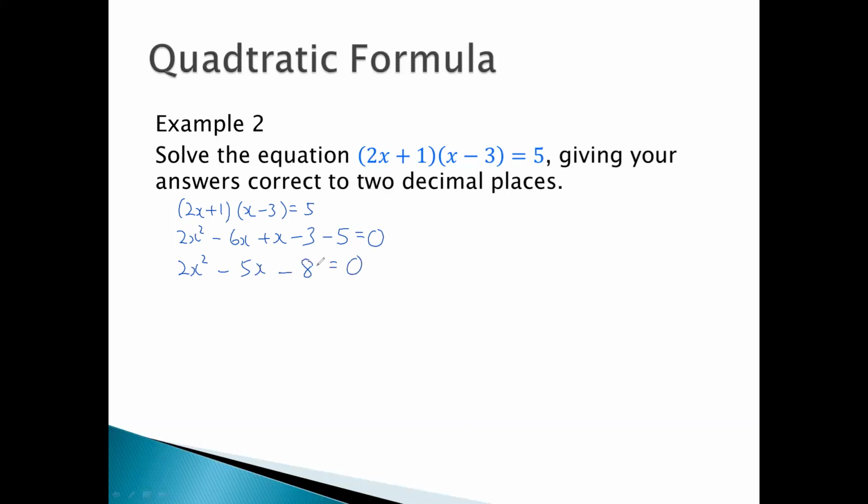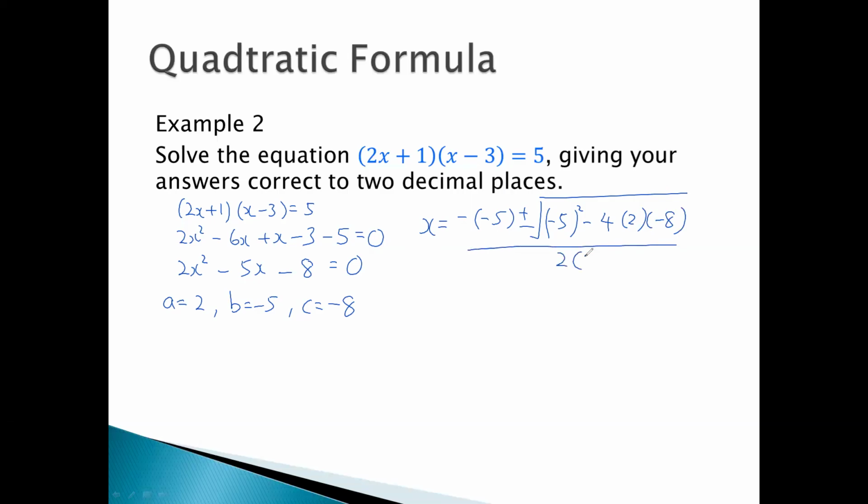Now I have my quadratic equation in the proper format, right? So now I can write out a = 2, b = -5, and c = -8. Okay, now I'm going to do my equation. x = -b ± √(b² - 4ac) over 2a.